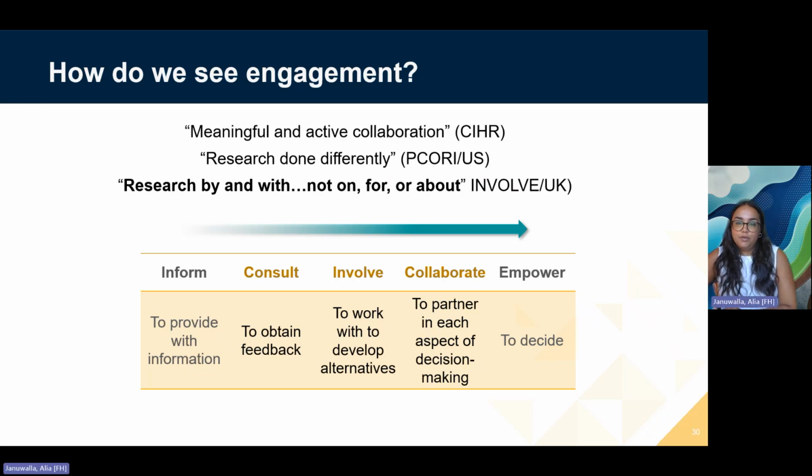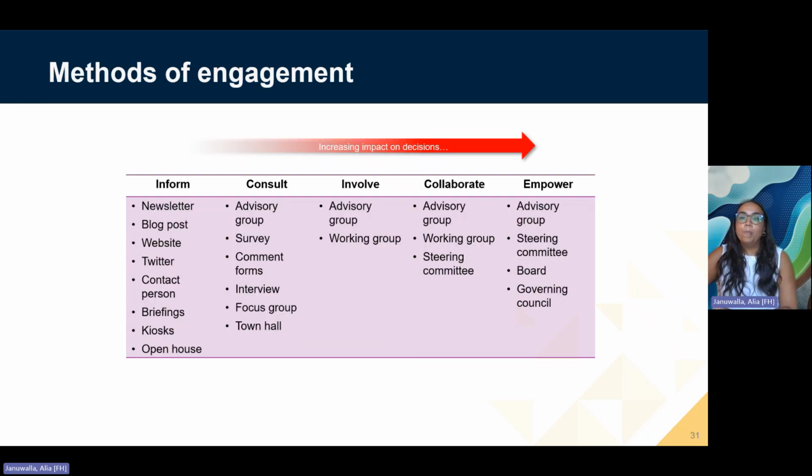And so again, we've talked about this spectrum. I'll just skip it because I think we've talked about a lot of this content. But this is another slide that offers a few example strategies that fit under some of these methods of engagement. So if you were to inform a population, it might be something like handing out a newsletter, a website, maybe a kiosk, things like that.